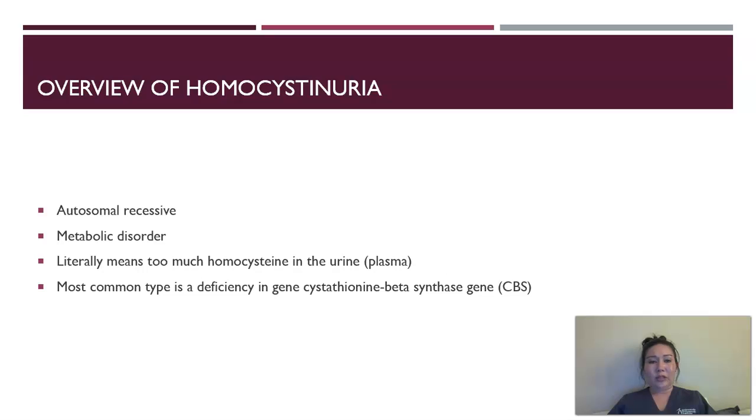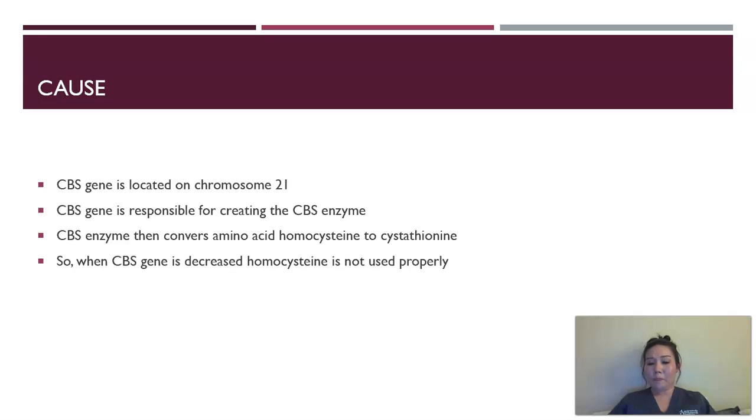There are other things produced in this pathway, other amino acids, including methionine. So basically, when the CBS gene is disrupted, it messes up the whole pathway, and as a result, there's a buildup of homocysteine in the blood and also excreted in the urine. So that's how we get homocystinuria.